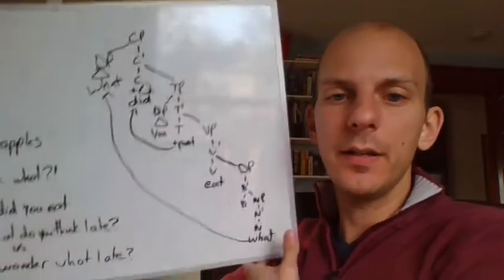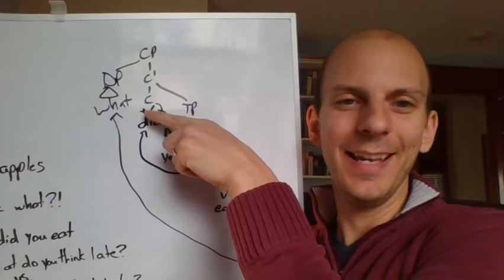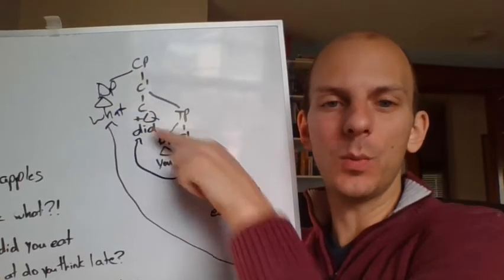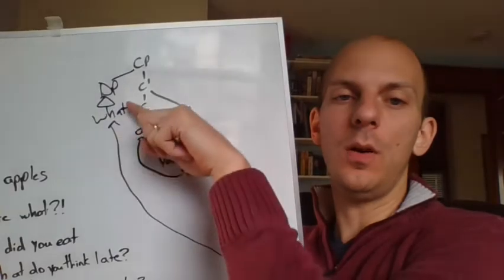Turns out these trees get big even when they're simple sentences. So we made room here in spec CP, in the specifier of CP for this what word. And we moved this out all the way, right? I'm going to erase a couple things to make this look nice and add in our traces.